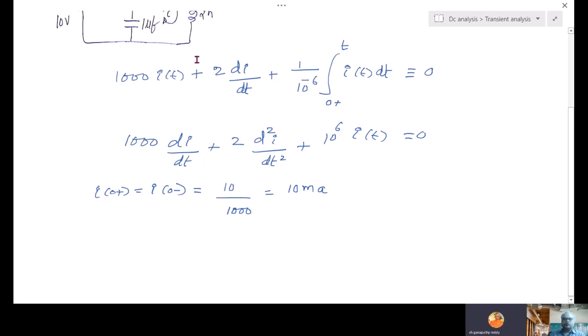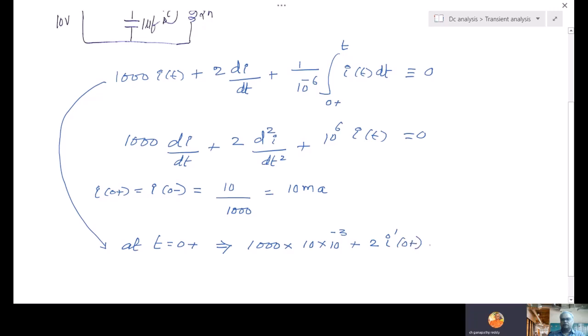Now di by dt 0 plus. Simplify this equation at t equal to 0 plus. So that is 1000, and I0 plus is 10 milliamps, 10 into 10 power minus 3, plus 2 I prime 0 plus, and the integral at t equal to 0 is anyway 0, equal to 10.